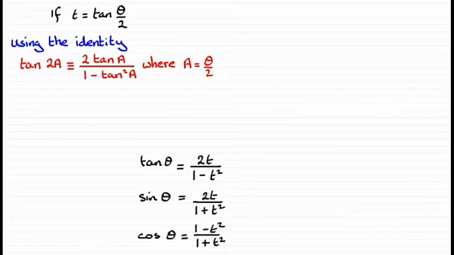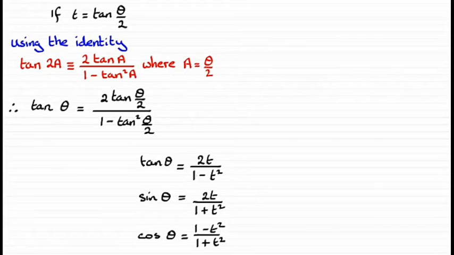So we'd have tan theta is equal to 2 tan theta upon 2 for 2 tan a, and because it was all over 1 minus tan squared a, it will be now 1 minus tan squared theta upon 2. And if I substitute t for tan theta upon 2, we end up with 2t all over 1 minus t squared.